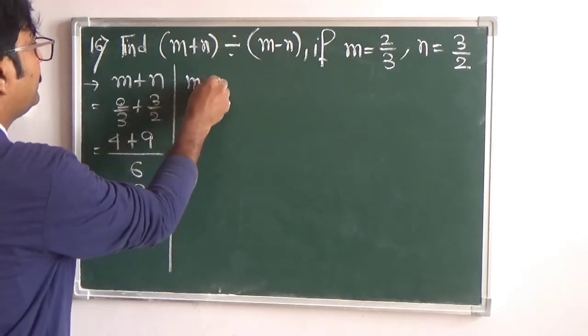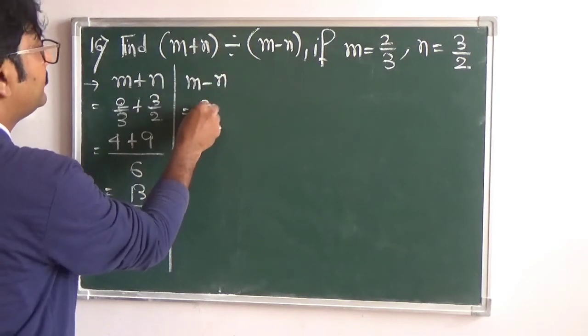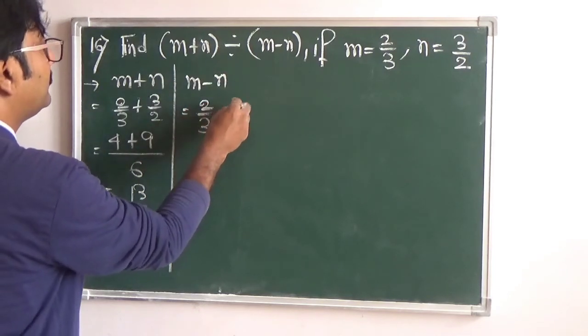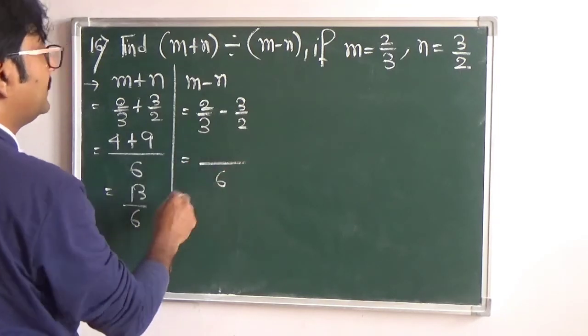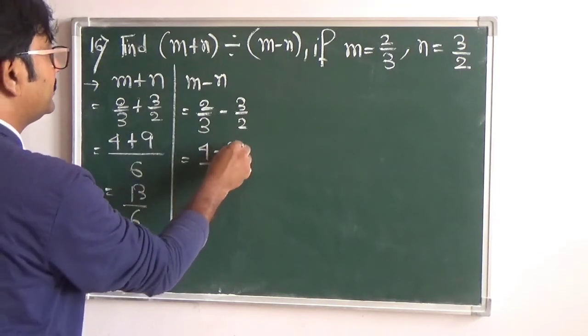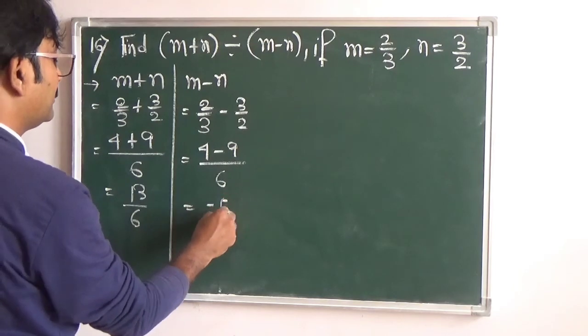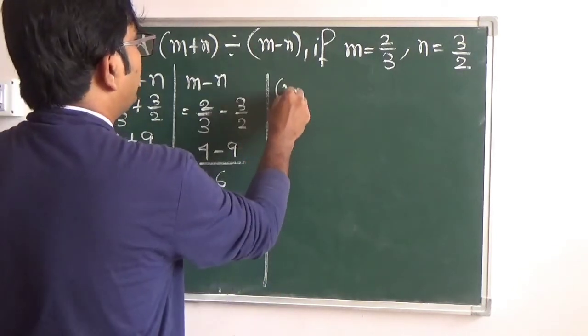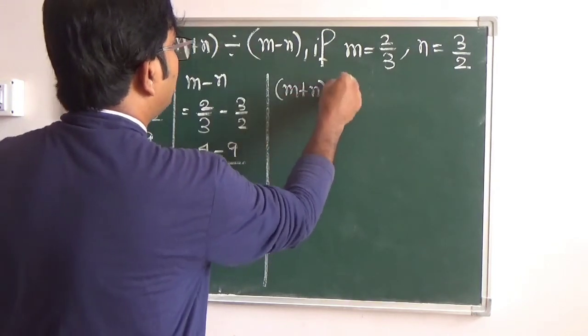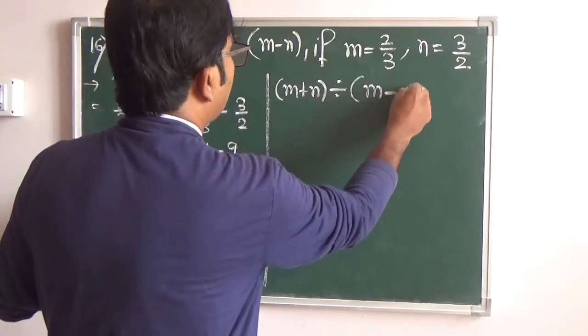Then we have m minus n. M is 2 by 3 minus 3 by 2. So LCM is 6. So it is 4 minus 9, and that is minus 5 by 6. So you have to operate now m plus n divided by m minus n.